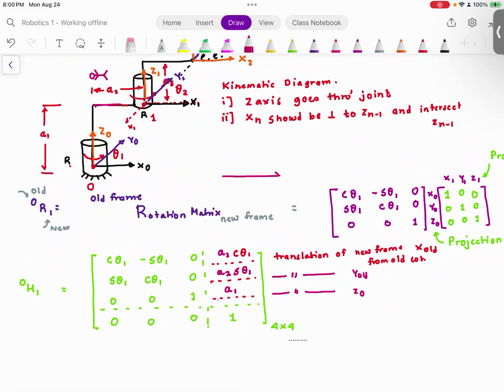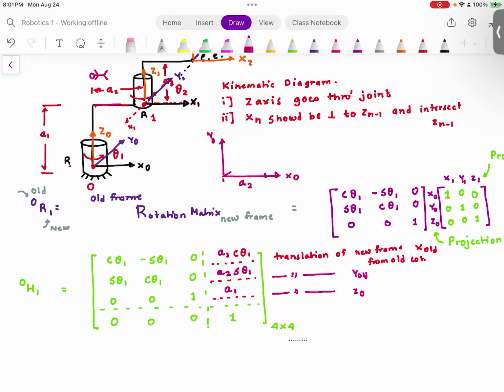You are going to see X naught and Y naught. You agree with me? And then you are going to see this A3, A2. This is A2, when theta is 0.